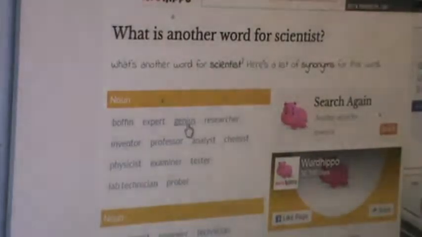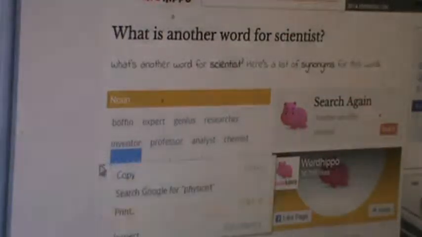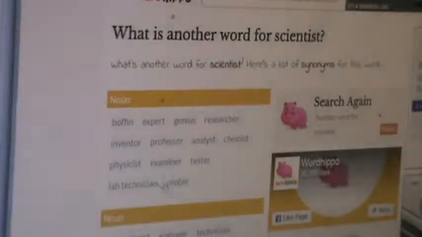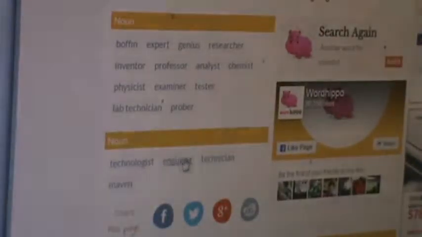That's fine. Researcher we got. Inventor, I've talked about before. Professor. Analyst, chemist, physicist, examiner. Oh, a lab technician, that's interesting. Laboratory technician, okay. Prober. Jesus. Technologist, engineer, technician.